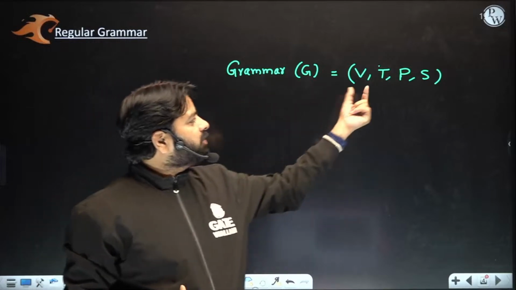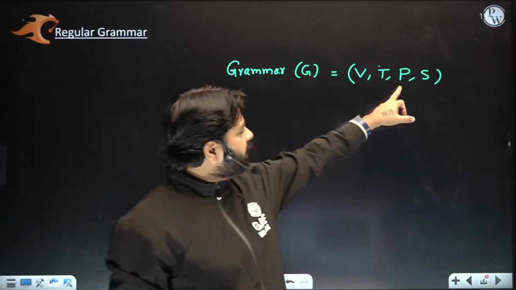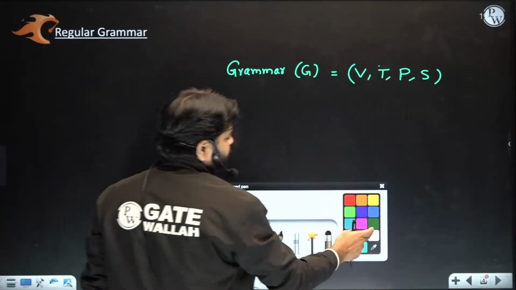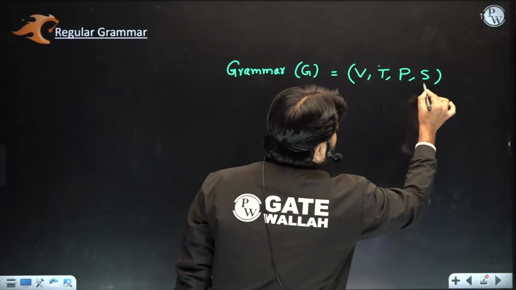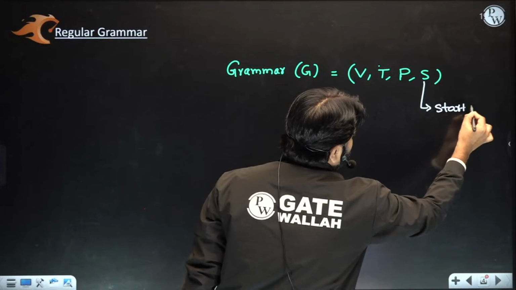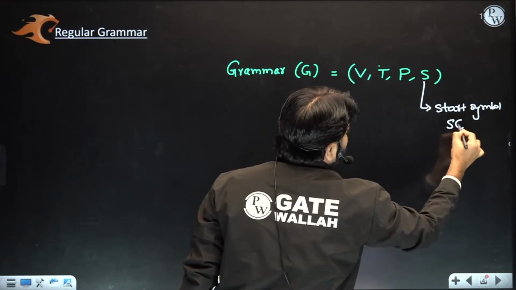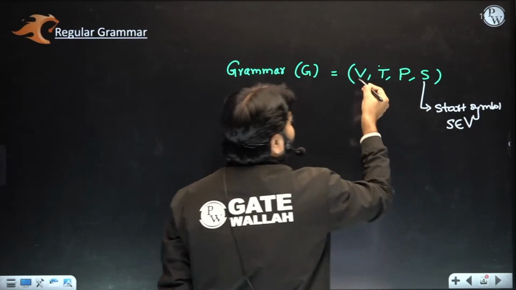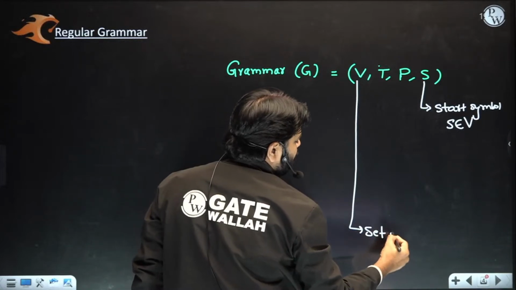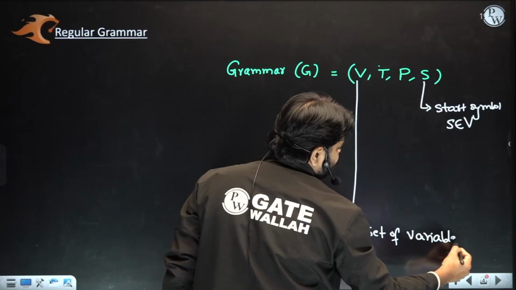So grammar is a collection of rules. The rules we can call the productions. Here P represents the set of productions. Let's see what is grammar first. In this representation, S is known as the start symbol. And this S belongs to variables, like V is nothing but the set of variables, or you may call it the set of symbols or set of non-terminals.